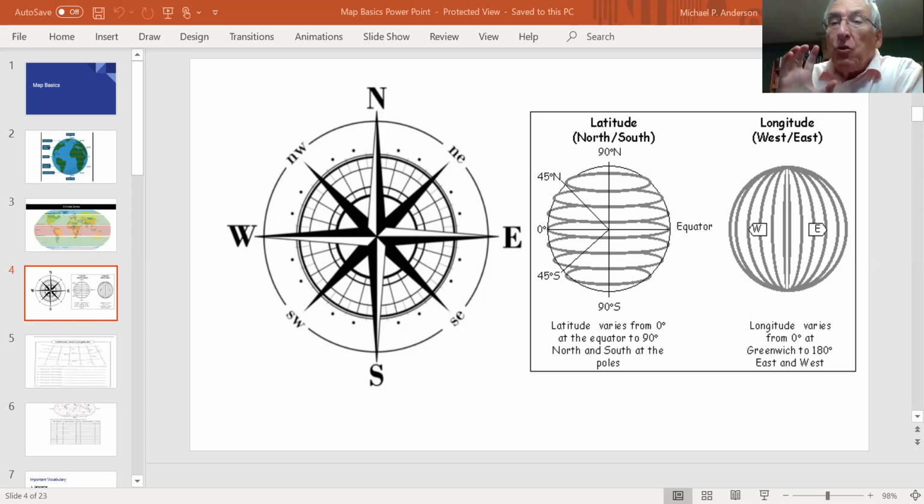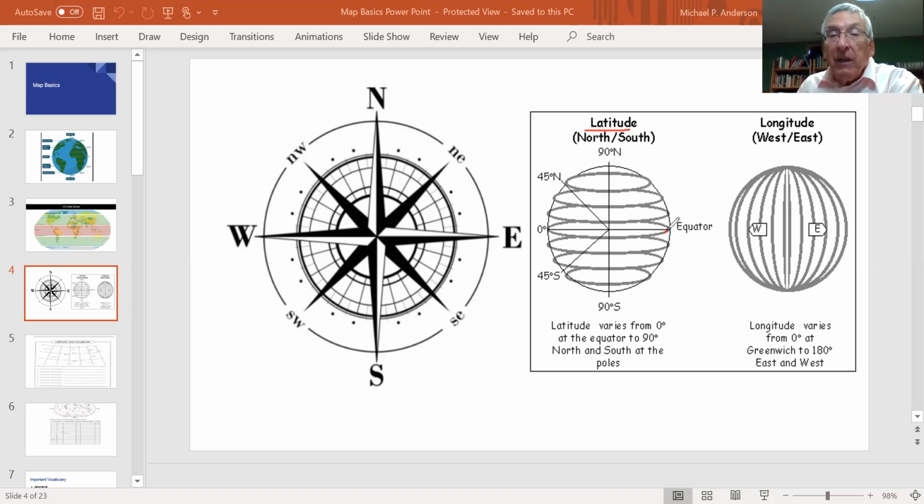There is a grid system set up on the Earth by cartographers, by map makers, that helps us locate positions. You have lines that go east to west. You have lines that go north to south. The east to west lines, this is called latitude. And this is latitude.